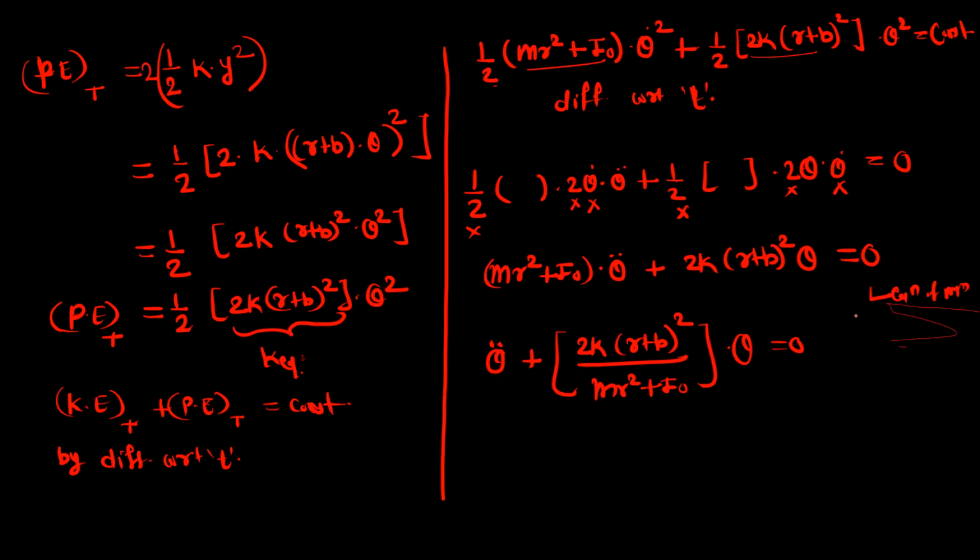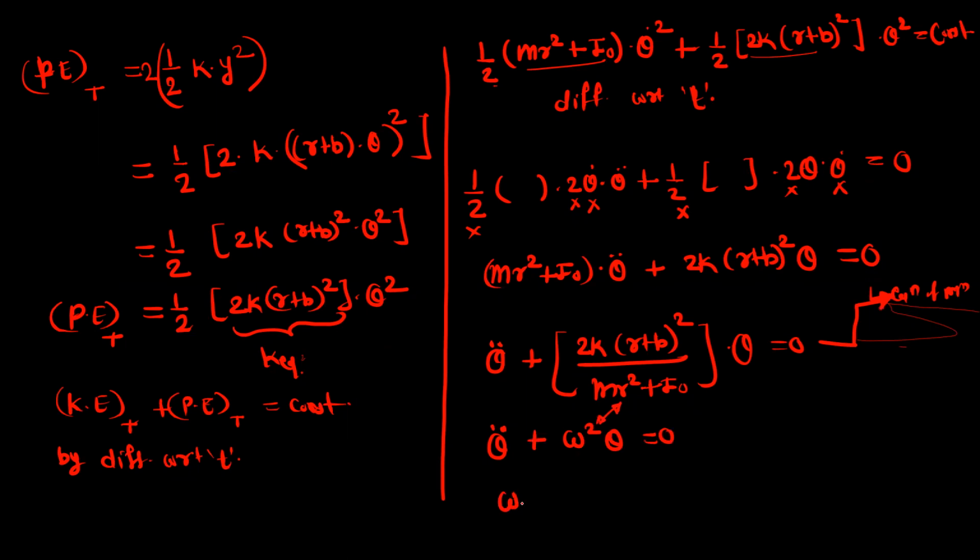So this is also the equation of motion. We have just written this in the standard format of simple harmonic motion: theta double dot plus omega square theta is equal to 0. So this complete term is nothing but omega n square.